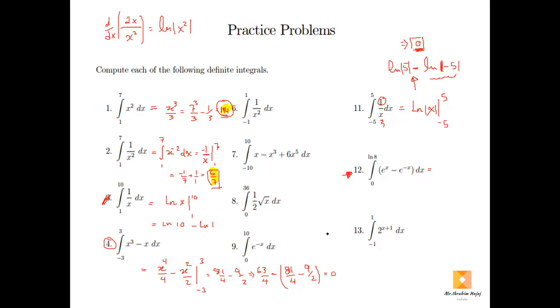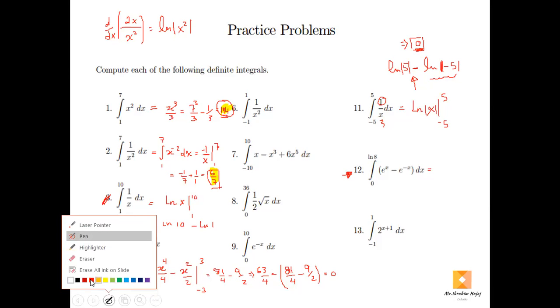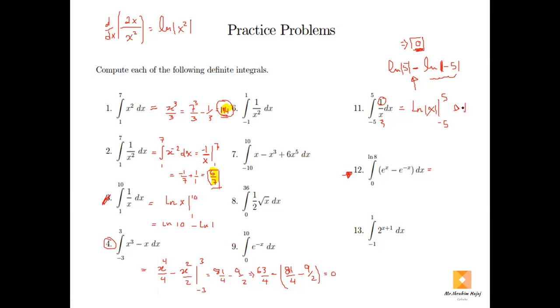It doesn't exist. DNE. So it's not 0. Why?